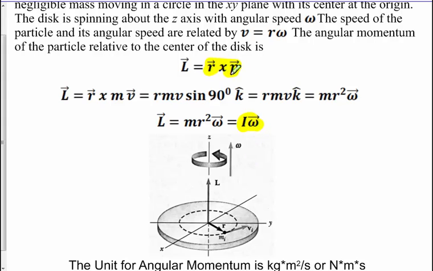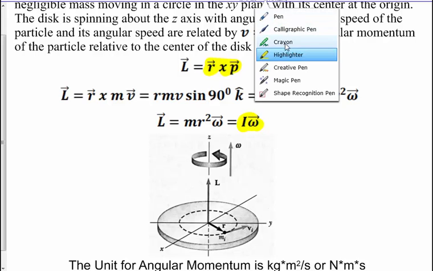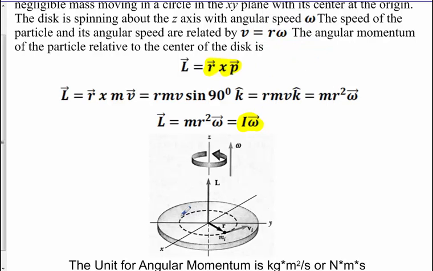Then we can get away with doing r cross p. Now we could do this for an object that has a solid mass, but again, we'd have to do it billions and billions of times because each particle along here has different velocities because they're different distances away from the axis of rotation. So an easier way to do this is just use I omega.